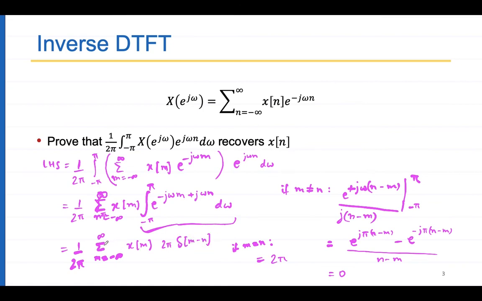If you do this summation now, it is simply m equal to n, so this is equal to x[n], because 2π anyway cancels out. Hence, this is equal to the RHS. This is what we wanted to prove. So yes, the inverse DTFT actually works and recovers our x[n].